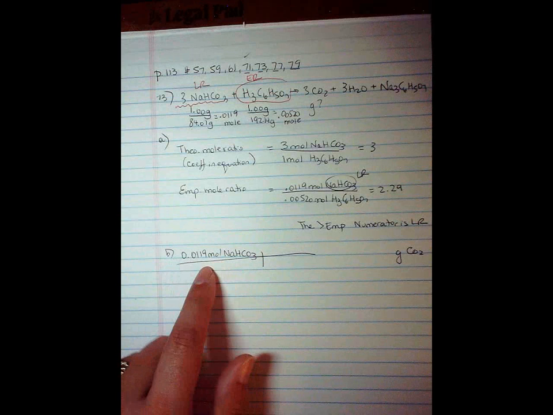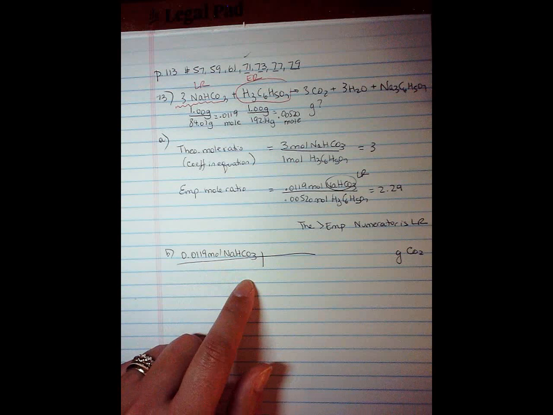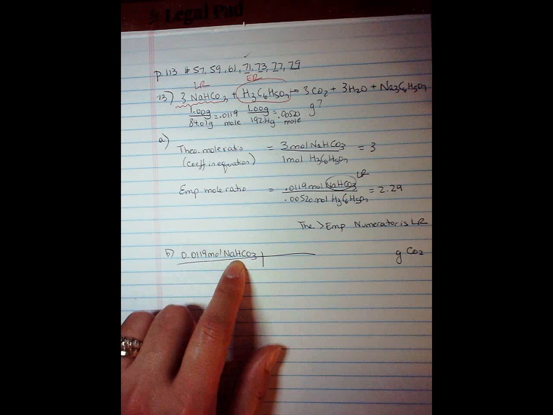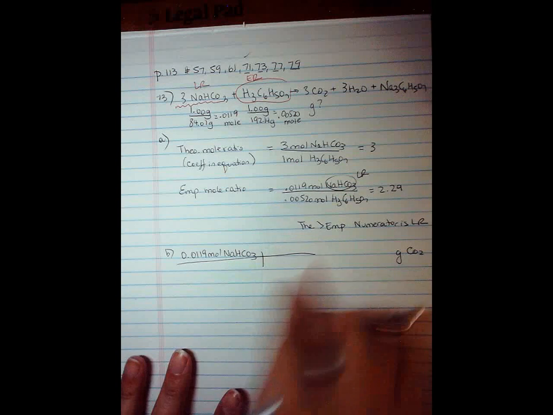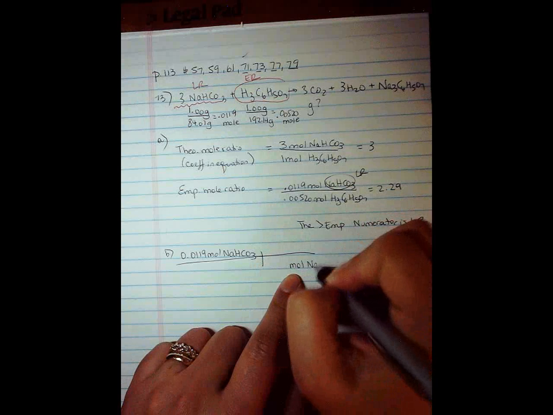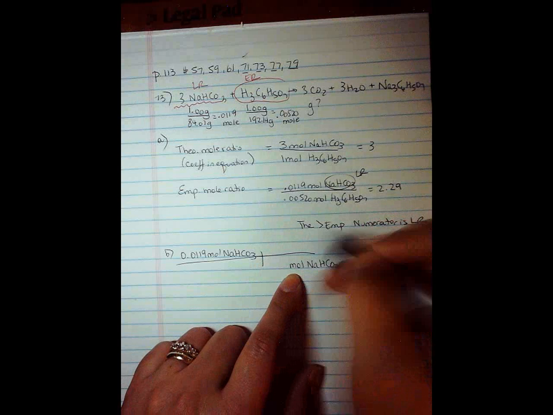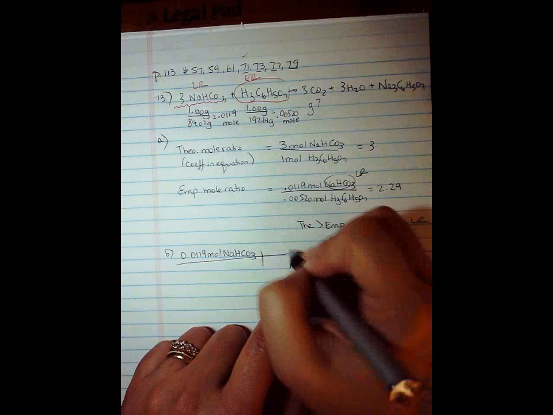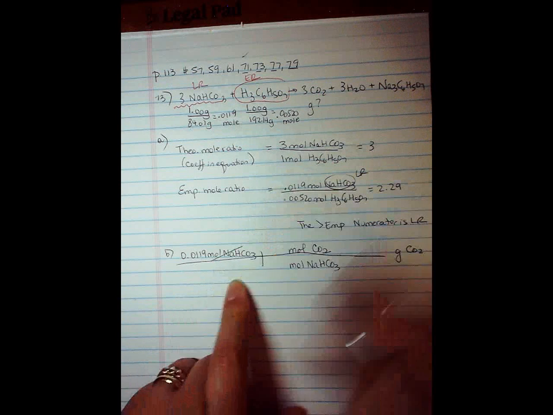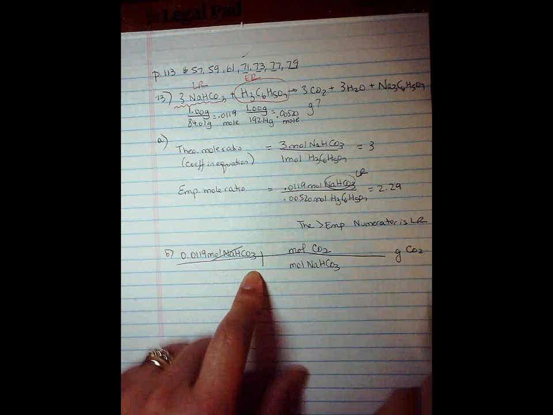because what it allows me to do is go ahead and use the mole ratio to stop describing this substance, this ingredient in the recipe, and start describing a product of the recipe. All right, so what I'm going to put in here is the mole ratio. The unit that goes in the denominator is mole of NaHCO3. What goes in the numerator? Mole of CO2, because that's what I want to convert to. All right?